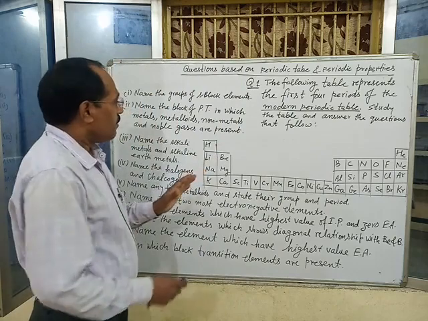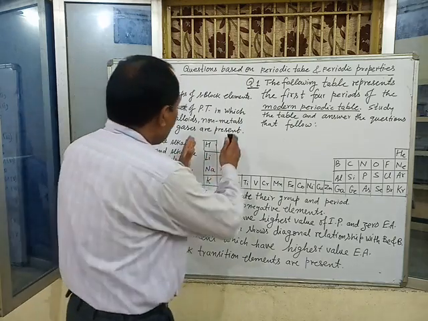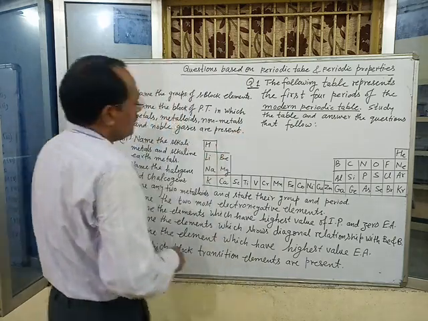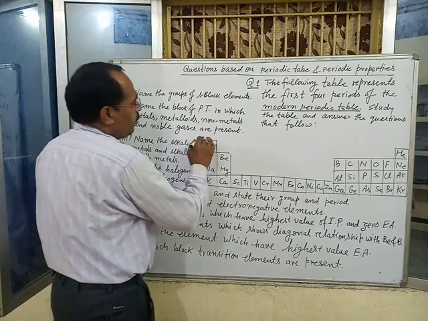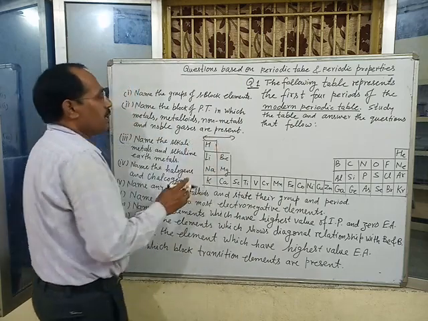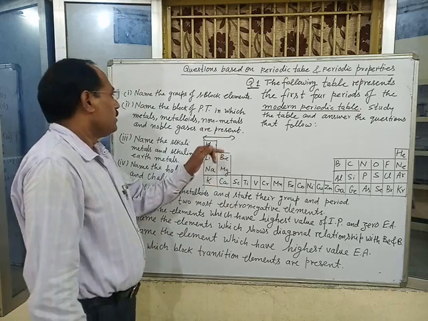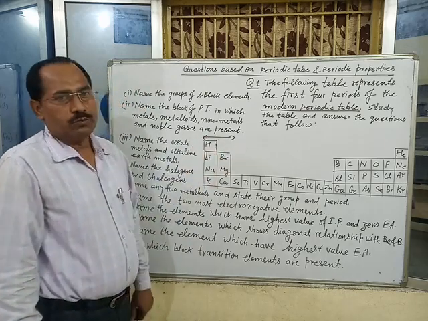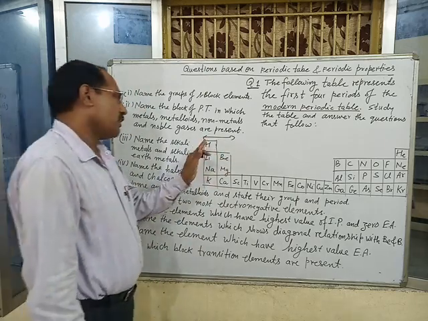In case of S block elements, this is S block element. In S block element there are two groups, group 1 and group 2. One confusion is there.